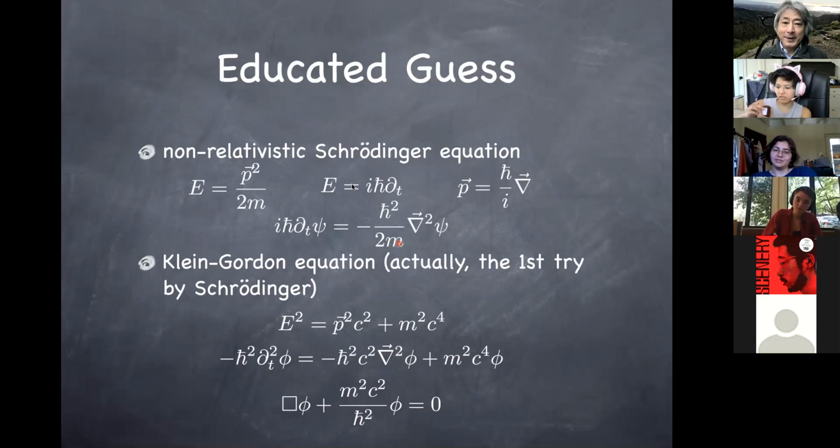But anyway, by following the same argument that leads to the Schrödinger equation, by replacing energy by time derivative and momentum by spatial derivative, I can promote this relativistic relationship between the energy and momentum to a full-blown Lorentz invariant field equation called the Klein-Gordon equation.